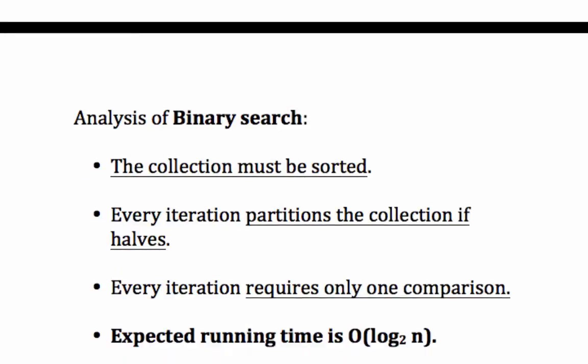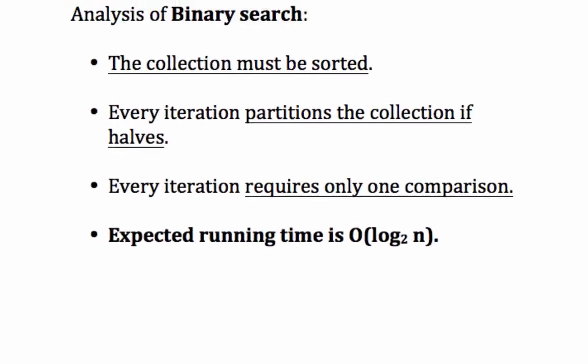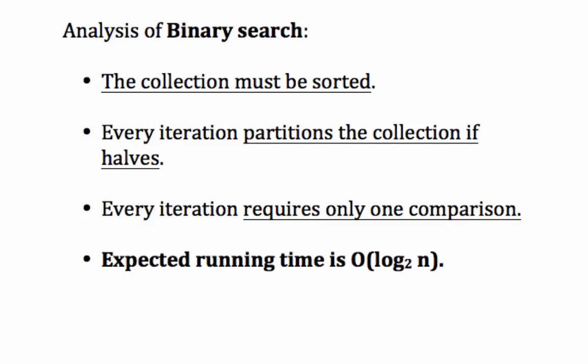So finally, let's do some basic analysis. The first thing that we have to realize is that you can only apply this technique if your collection is sorted. So let's think about that. A phone book is in order. A dictionary is in order. An encyclopedia is in order. In all those cases, we can apply binary search.